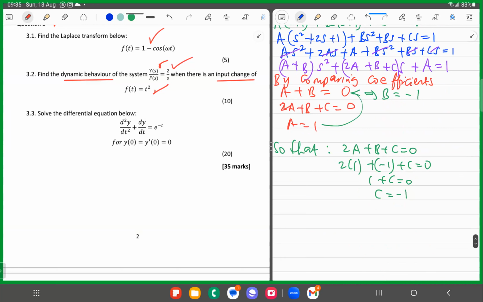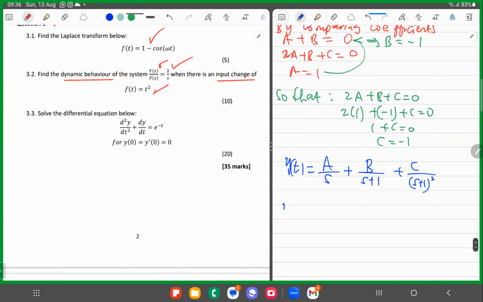So which means you have Y of s, and A is 1 over s, B is minus 1 over s plus 1, and C is minus 1 over s plus 1 squared.